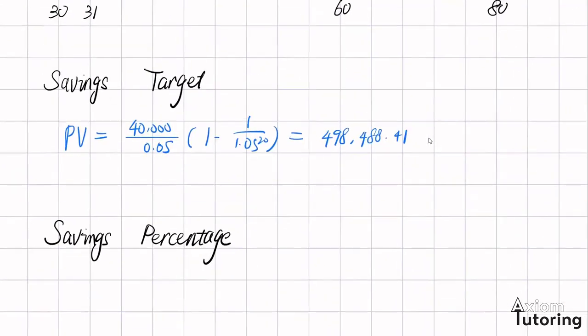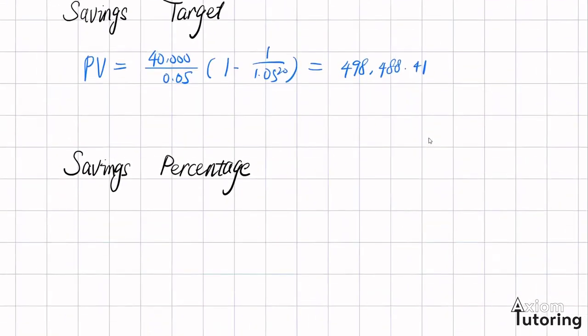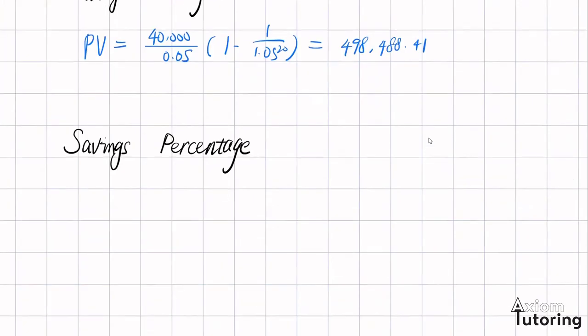And now we're trying to calculate this savings percentage. So how much as a percentage should I save from my salary here? So what should we do? We can also calculate the present value of this at the age of 30.